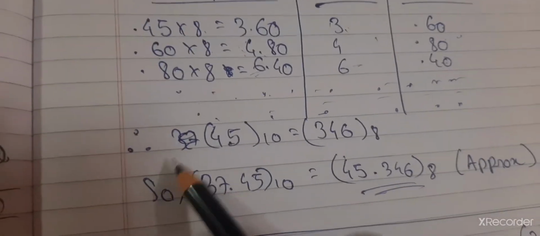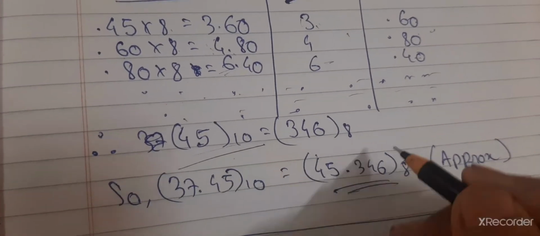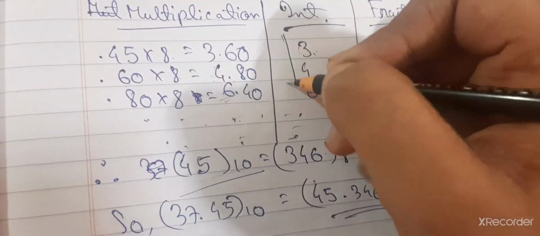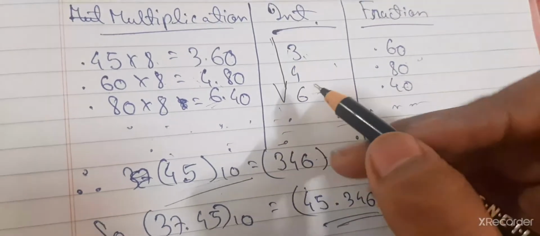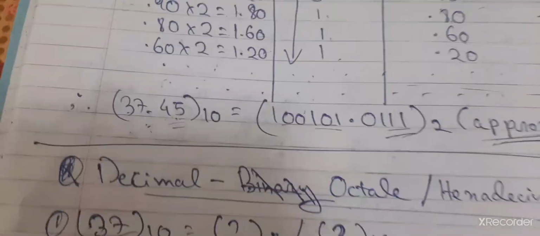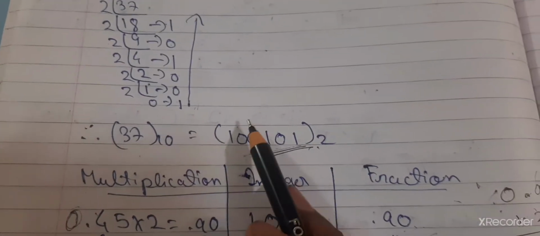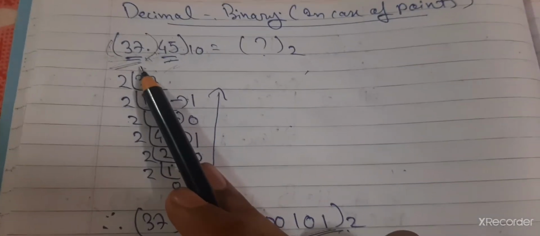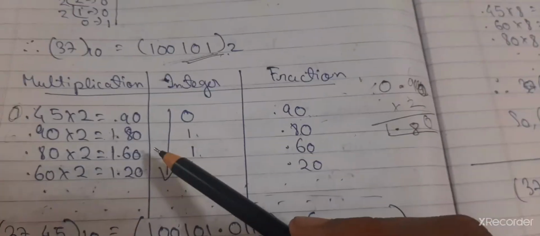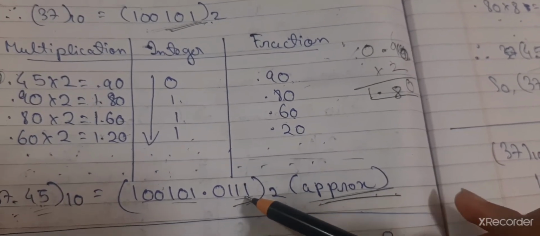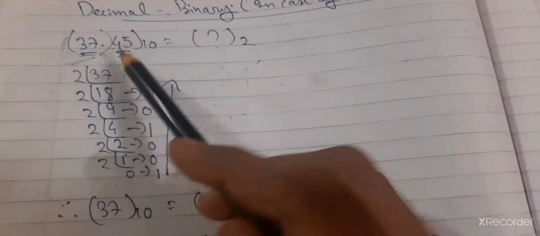So 0.45 to the base 10 in decimal will give us 346, following the top down approach, 346 to the base 8. Now as we have done here, we just wrote together the binary number of the integer part of the decimal number and the binary part of the fractional number, that is 0.45.